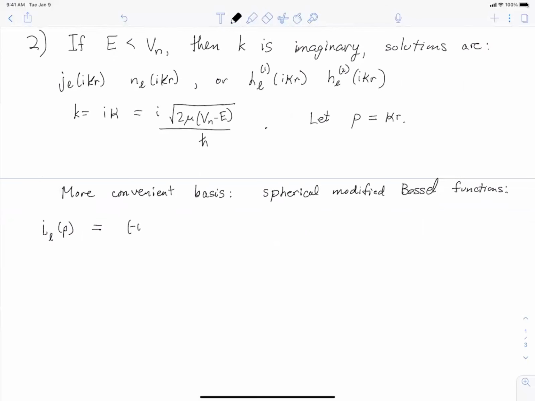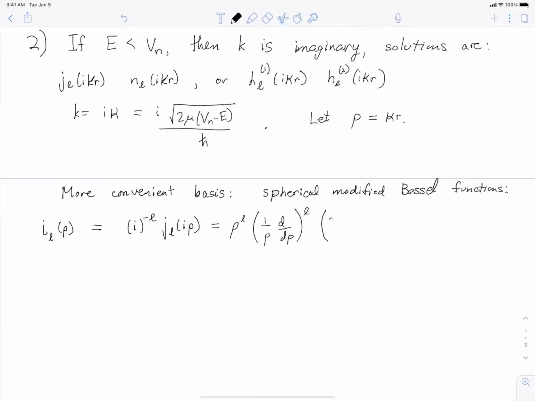square root of -1, so i to the minus L times the JL of i times rho, which is otherwise known as rho to the L, 1 over rho d by d rho to the L, acting on, now when we plug in the imaginary value, it turns the sine into a hyperbolic sine.